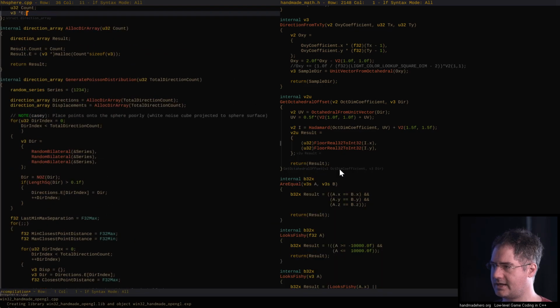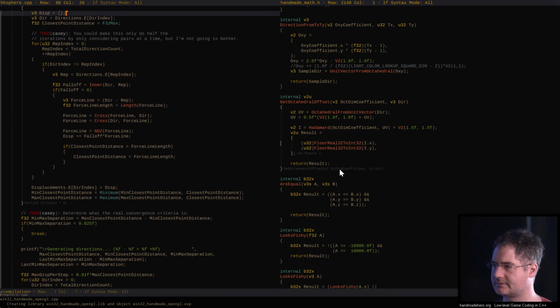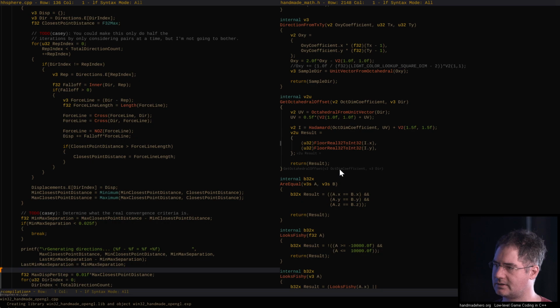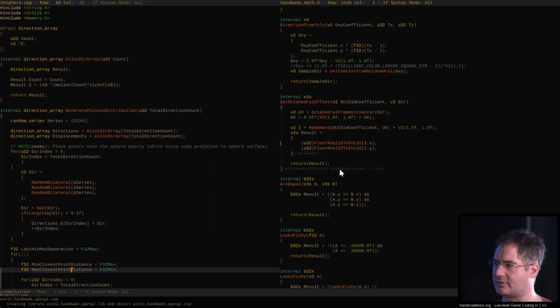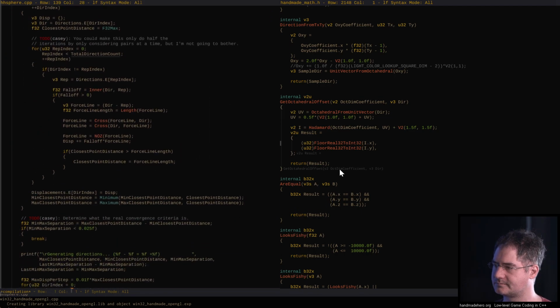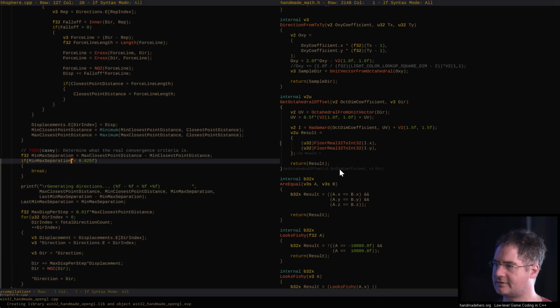And I guess we might say this might not converge though, because this value doesn't mean anything. It probably needs to be scaled by the total direction count in some way.